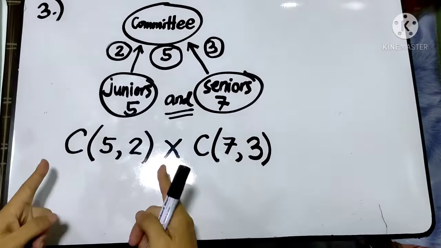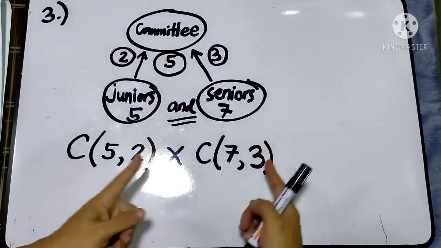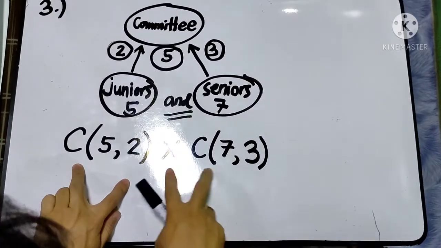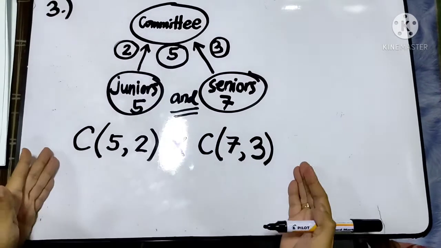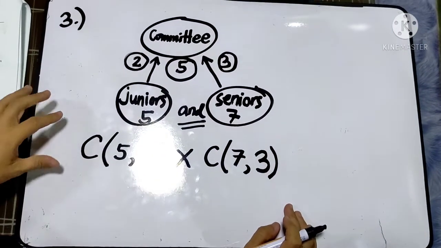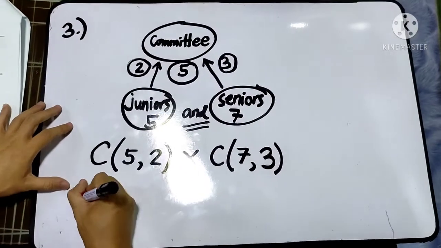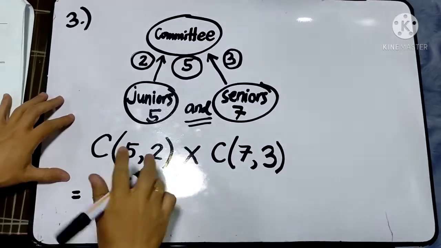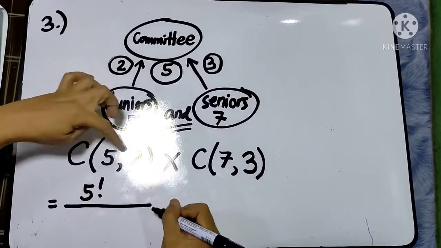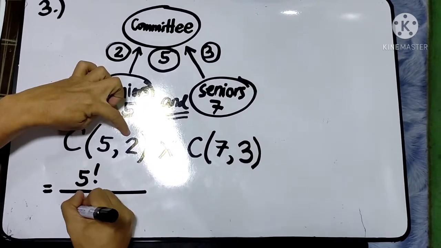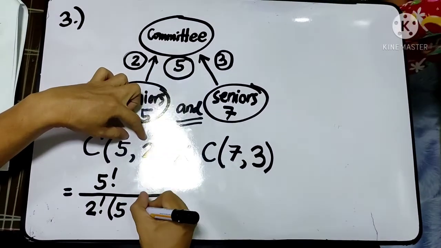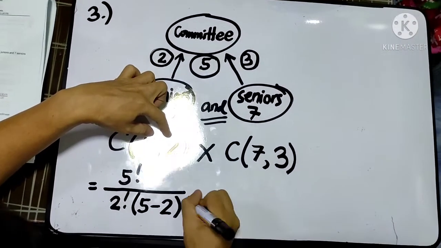So, pwedeng, you solve it first, then you solve this also, then after getting their values, you multiply. Pwede rin ganito. You solve them simultaneously. So, ito ang gagawin mo. Using the formula, you will have 5 factorial over 2 factorial, 5 minus 2 factorial.